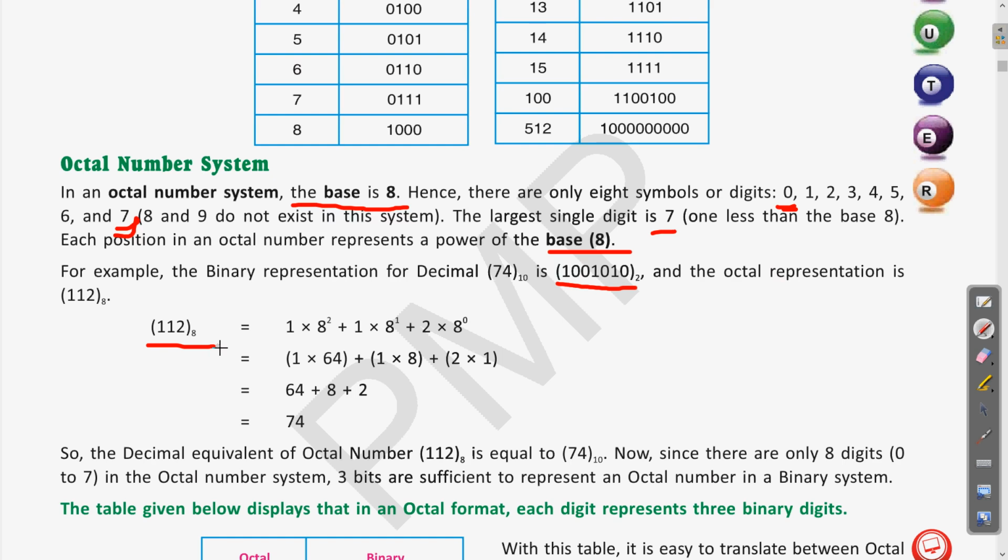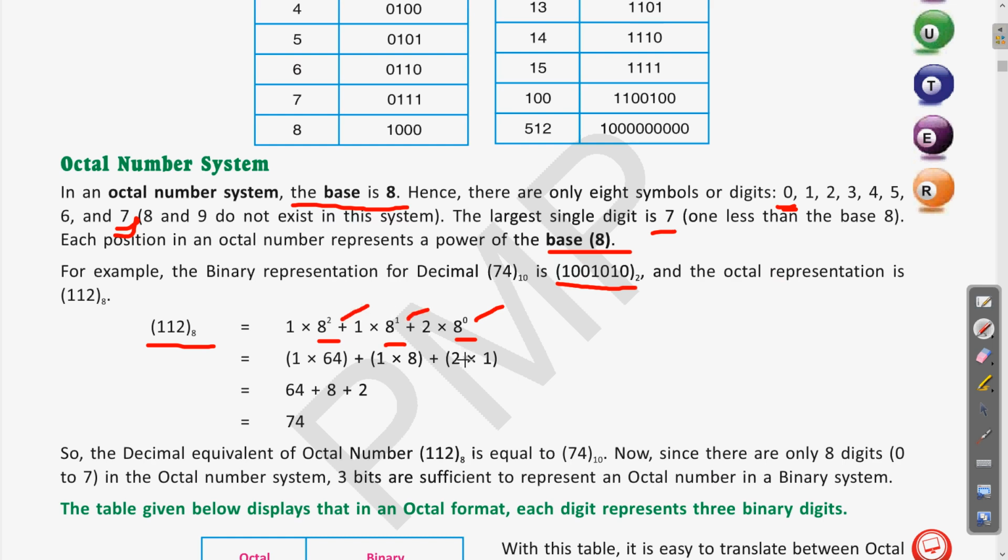Any number, if you want to convert it into decimal, we have to multiply each digit with the power of the increasing base. So here it is octal, so that is why we are using the base 8. Earlier we used 10 in the decimal, 2 in the binary. Clear? So here you can see 8 power 0, 8 power 1, 8 power 2.